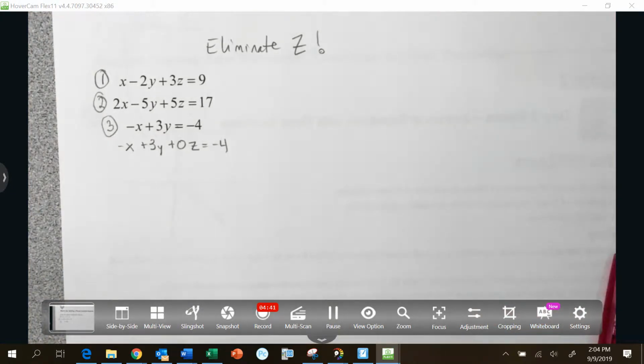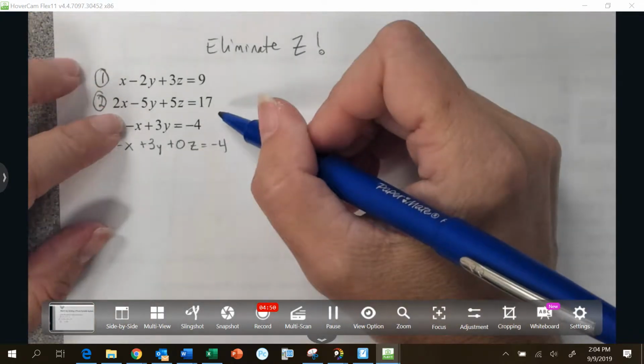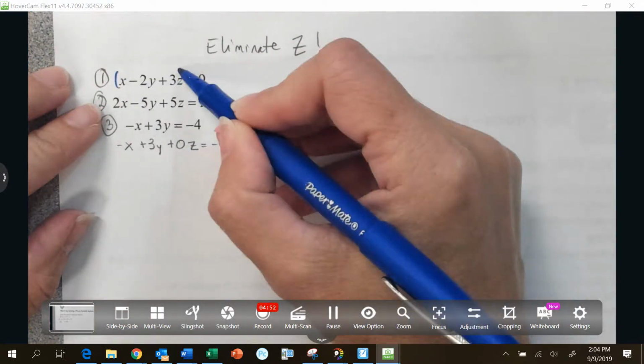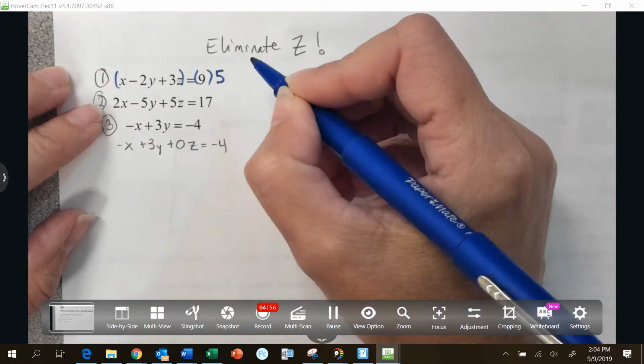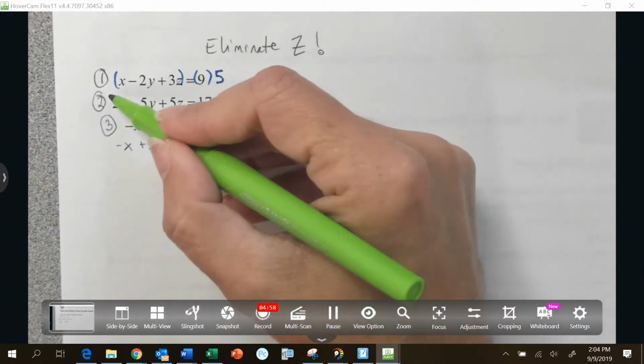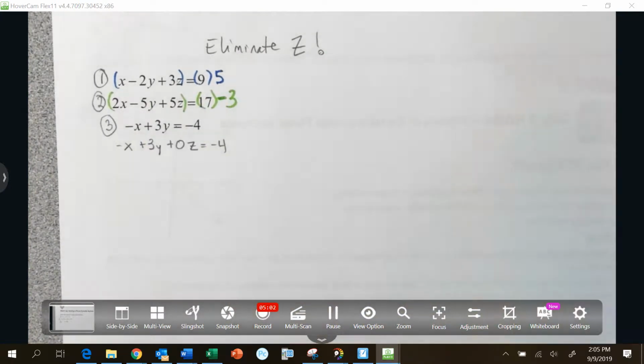Actually, one of them has to be negative 15. One has to be positive 15. So if I multiply my top one by 5, what will I multiply number 2 by? 3. Negative 3, so that one of them ends up being positive 15 and one ends up being negative 15.